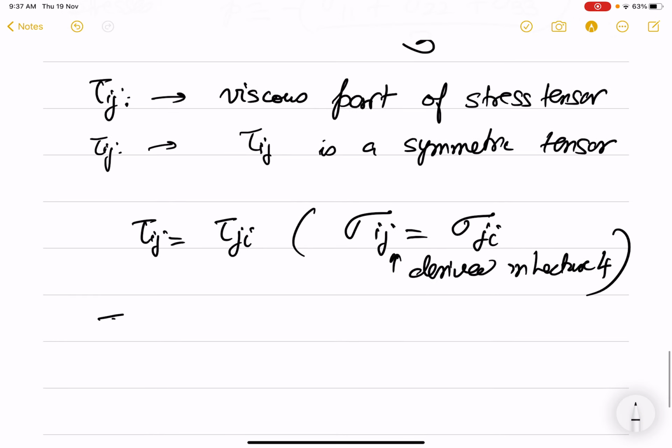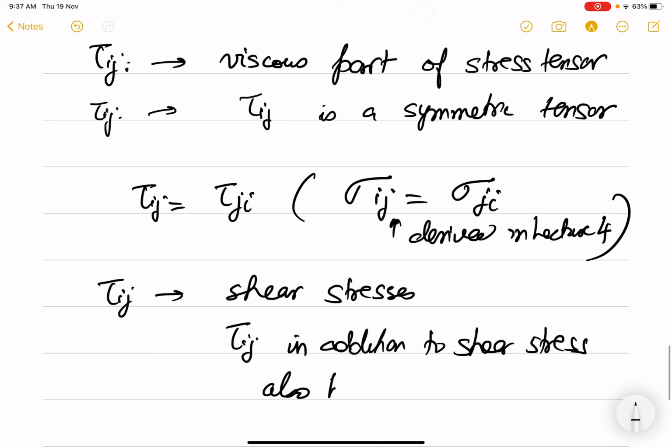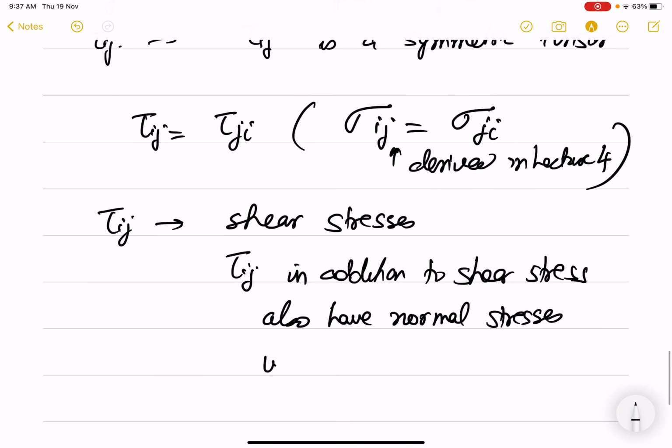Now, tau ij often may be referred to as the shear stresses, but recall, in tau ij, in addition to shear stresses, we also have normal stresses which are over and above the pressure term.